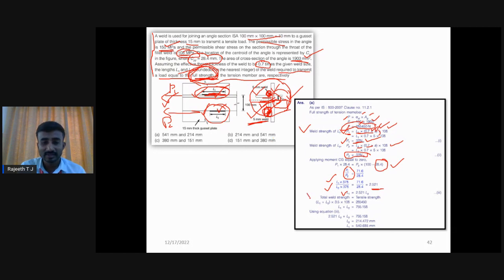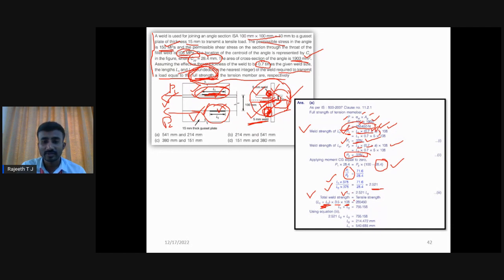The welded connection strength will be the total length of the weld provided, L1 plus L2, that is top weld and also bottom weld, plus 3.5, where 3.5 is the length of the member, and 108 is the stress in the material.